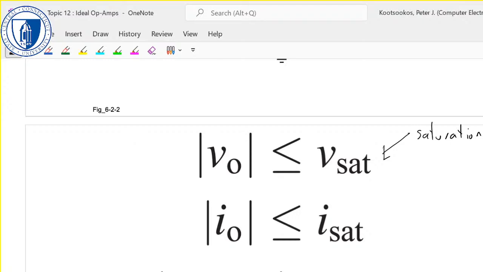We've got a positive supply voltage and we've got a negative supply voltage applied to the device. And obviously the output can't go higher, at least in this circuit, than the positive supply voltage, and it can't go lower than the negative supply voltage. And in fact, it's actually a little bit less than those numbers. So if the supply voltage is 15 volts, it's probably about 14 and a half it can get up to.